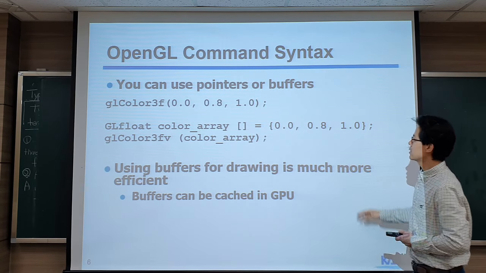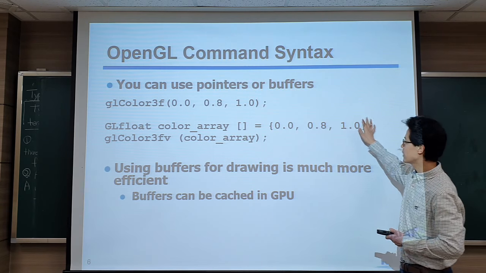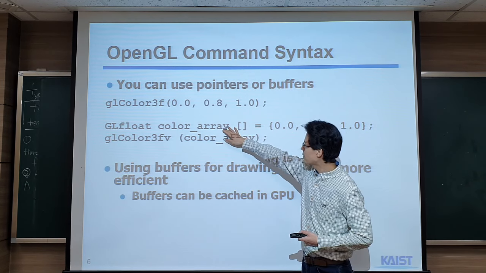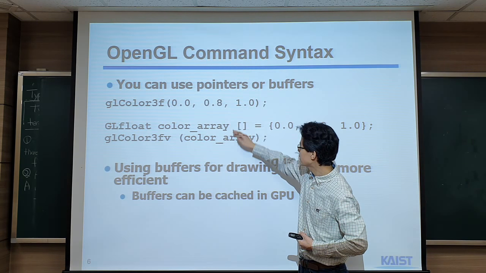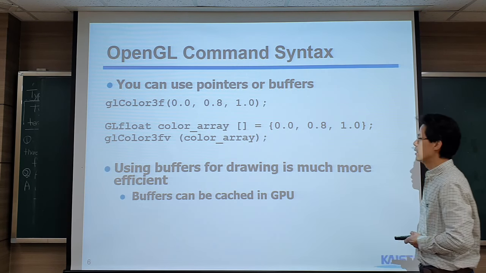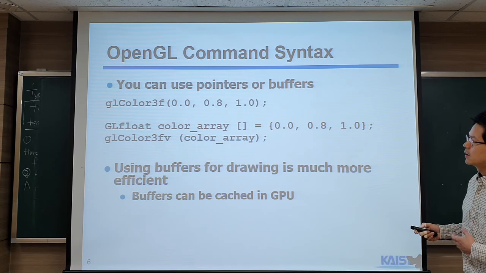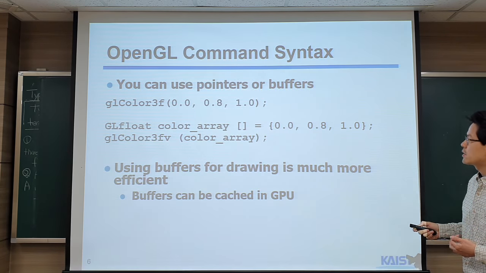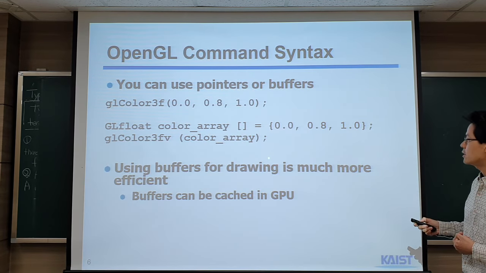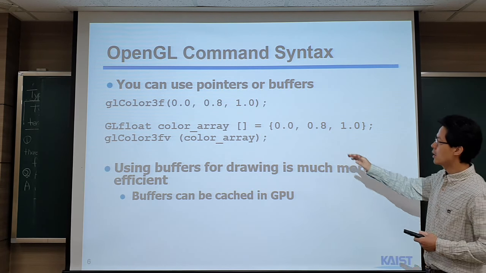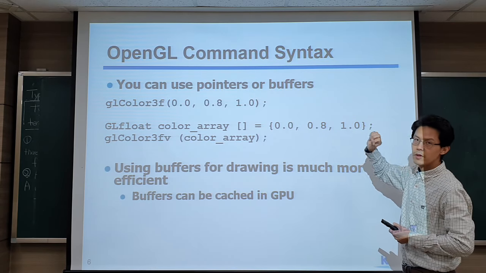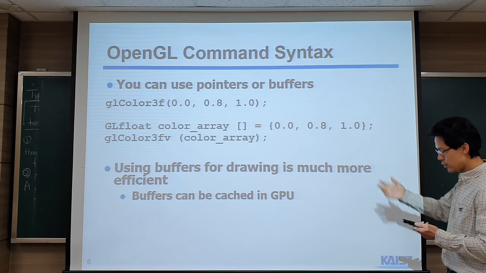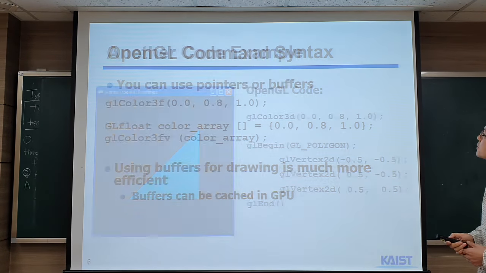Also, you can create some sort of array buffer, specify the values into this buffer, and then pass the address, the pointer, of this array. Typically it is much more efficient to use a buffer for drawing, mainly because once we use a buffer, we can send the data directly from the CPU side to the GPU side, which improves the performance.